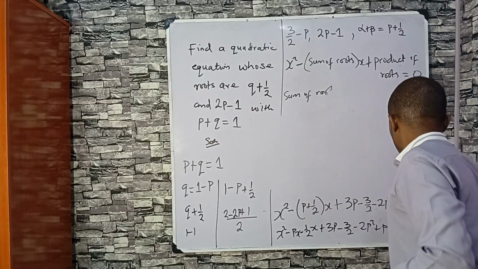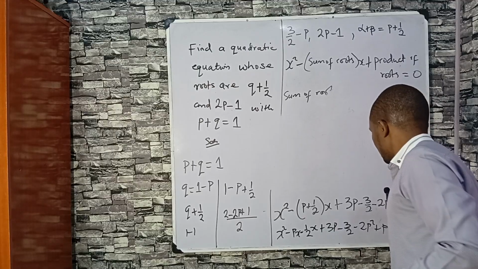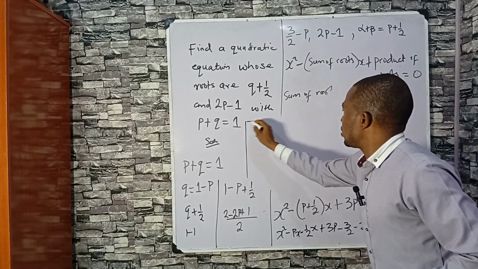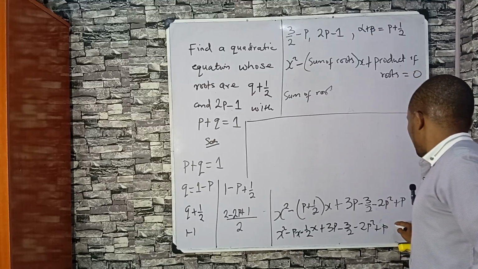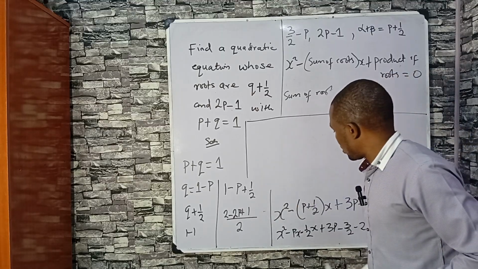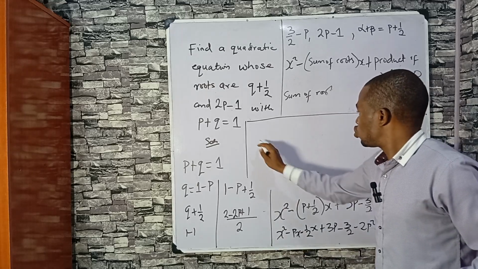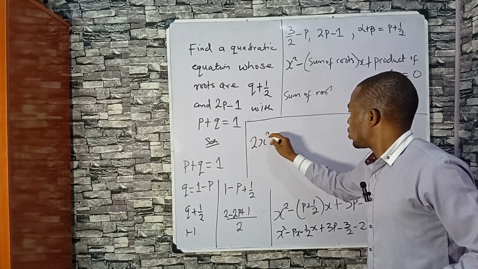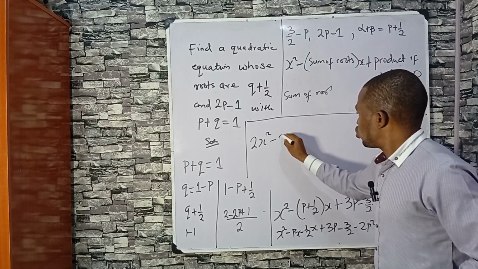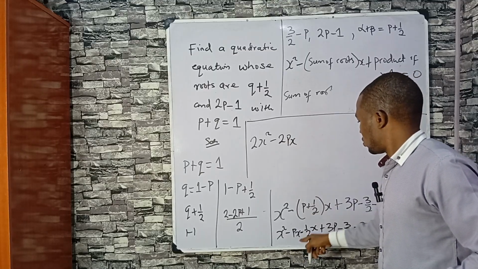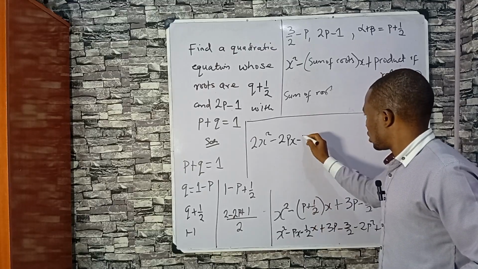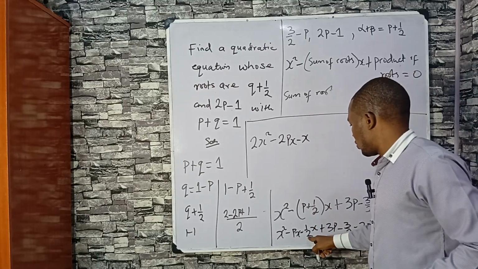We're almost there. That's the last step. You can see that we have 2 here, 2 here. What if we multiply everything by 2 to make it linear, and it's equal to 0? Don't forget, equal to 0. Multiplying everything by 2 will give you 2x squared, minus 2px, minus x, because of 2 we divide this.